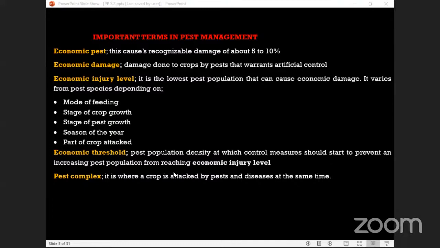All right. So economic threshold: a pest population density at which crop control measures should start to prevent an increasing pest population. When you look at the total number of pests available in the garden, there is a certain level that needs you to come in and control or prevent their multiplication.